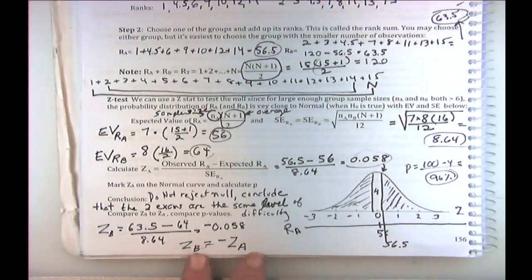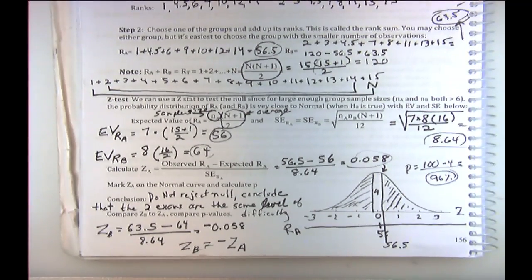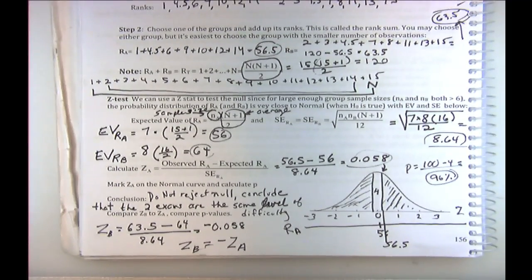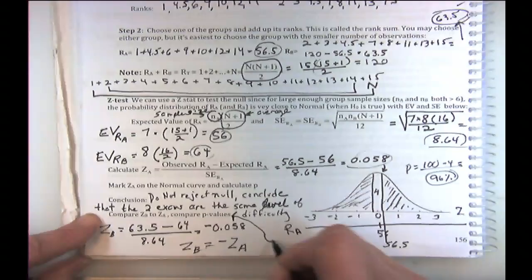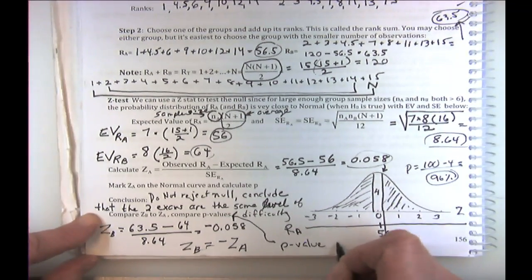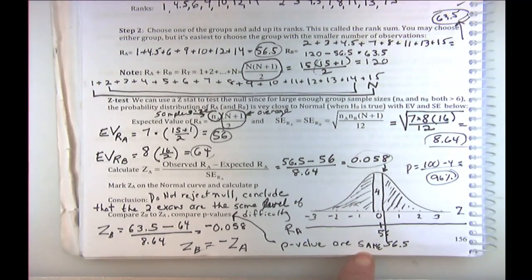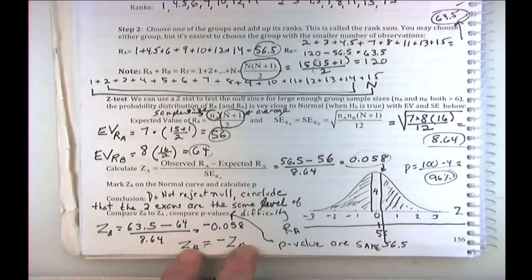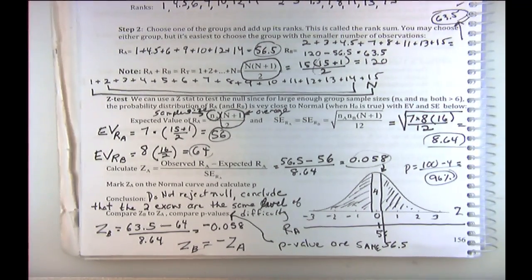In absolute value, they'll be the same, so their p-values will be the same. And their actual z's are just the opposite sign. Any other questions? All right.